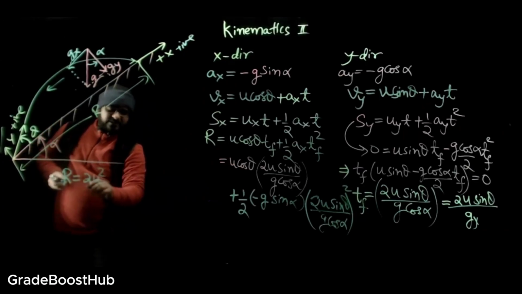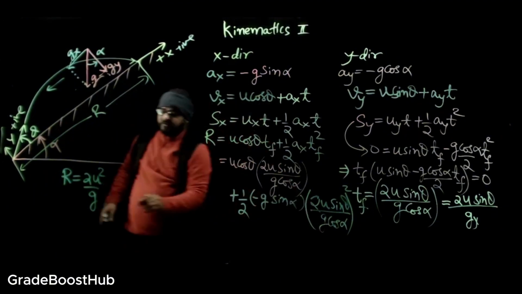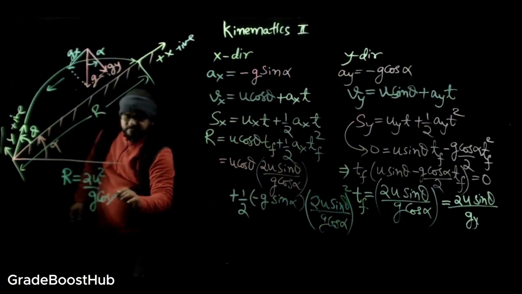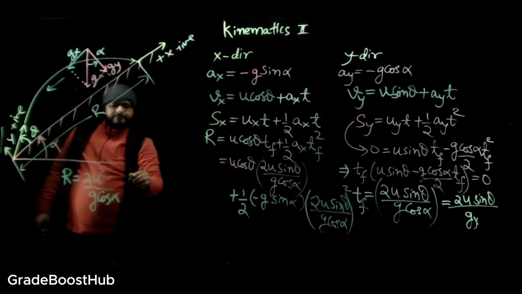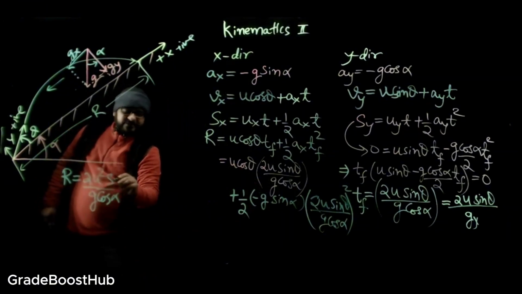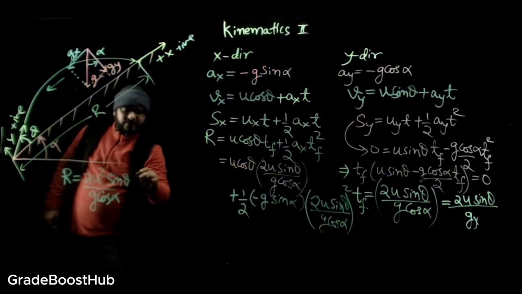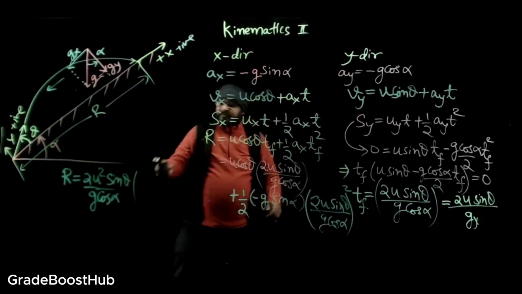So our range will be 2u square by g. Definitely we can take out cos alpha. And we can take the sine theta out too, and u square.